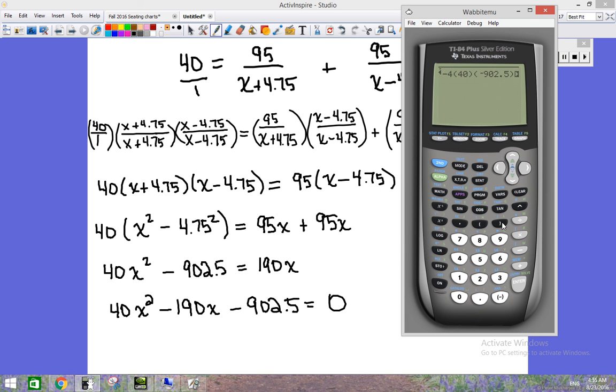So this guy is my entire numerator, right? Let's make sure I have a parenthesis there at the beginning. Yeah, I've got a parenthesis at the beginning and at the end. So that's my entire numerator. My denominator is 2 times a. 2 times 40 is 80, I don't need the parenthesis. I know what that is. So let's see what we get here. Alright, so I'm getting that Karen's normal walking speed is 7.69, if I round it to 2 decimals, 7.69 feet per second.